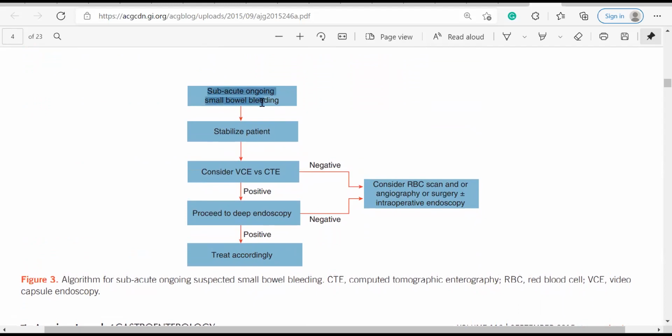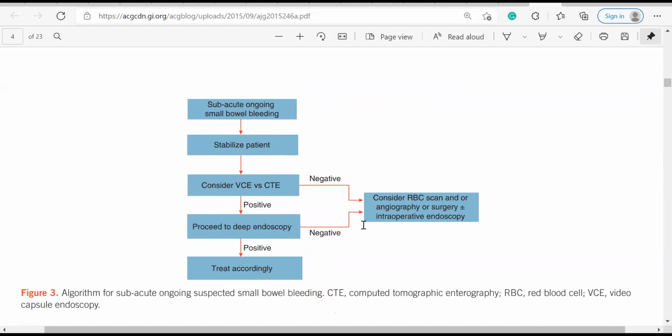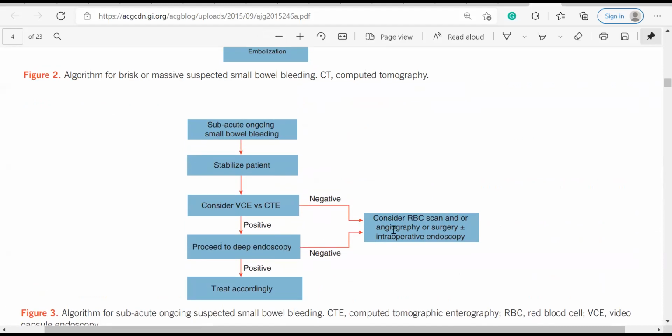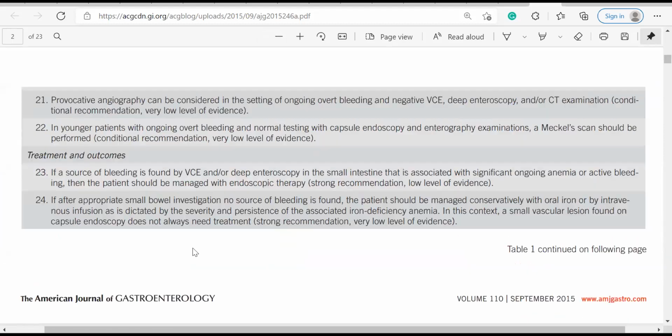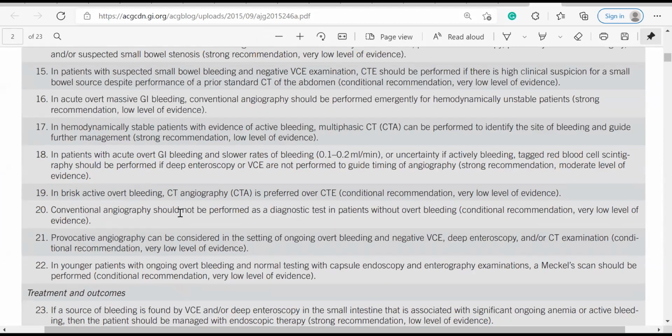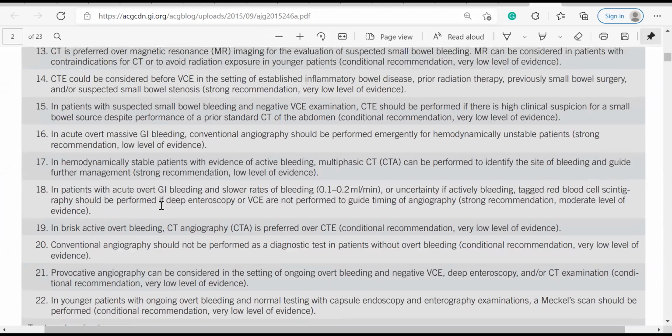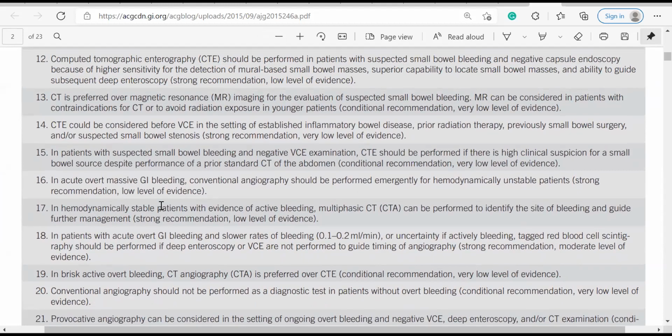If you suspect someone having a subacute or acute bowel obstruction with ongoing bleeding, then you can do a CT enterography at that time. I think there is something in here written like that. Let me show it to you.